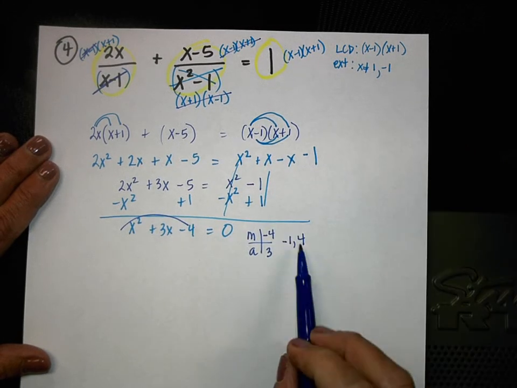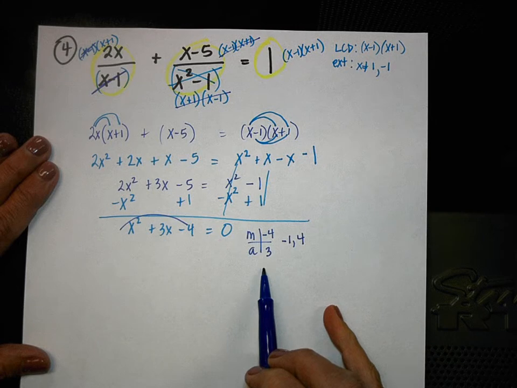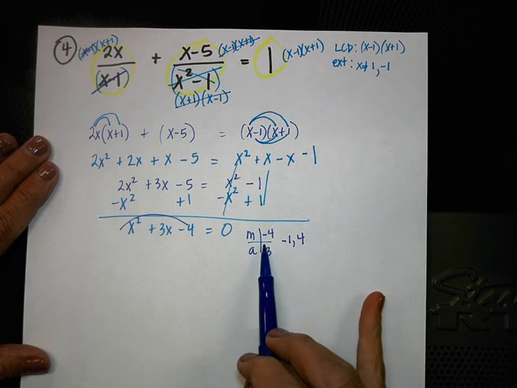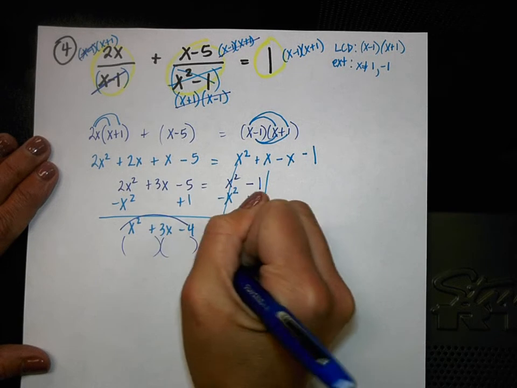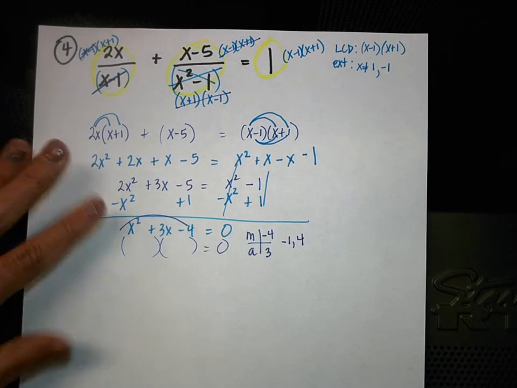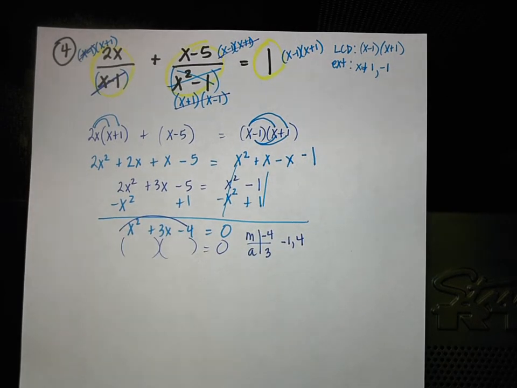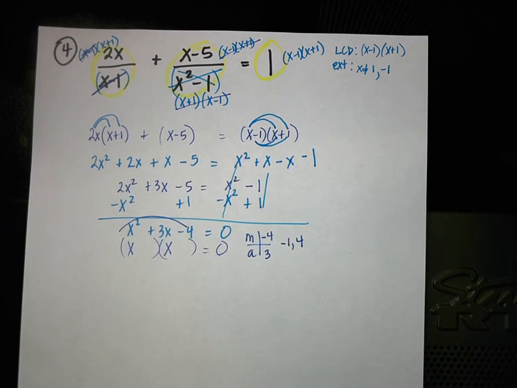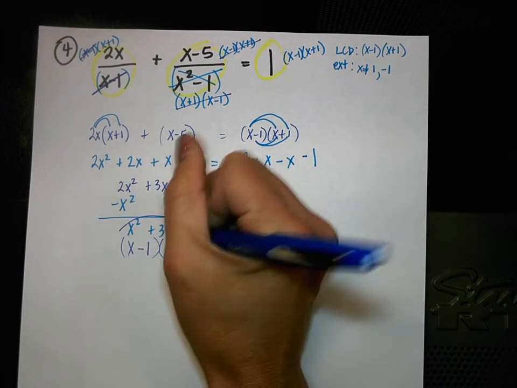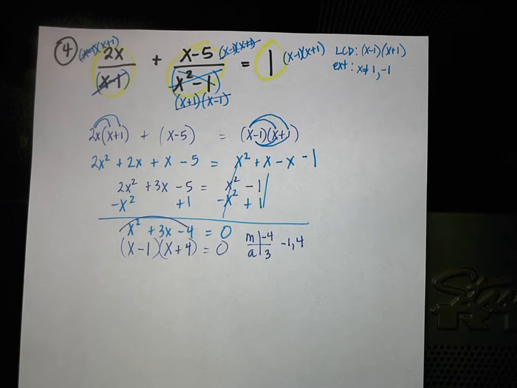Because when they subtract, we want to get a positive 3, and then when they multiply, it'll be a negative 4. We can use the shortcut because the coefficient in front is 1, and so because this is x squared, we split up the x's. And then here we will have a minus 1 and a plus 4.